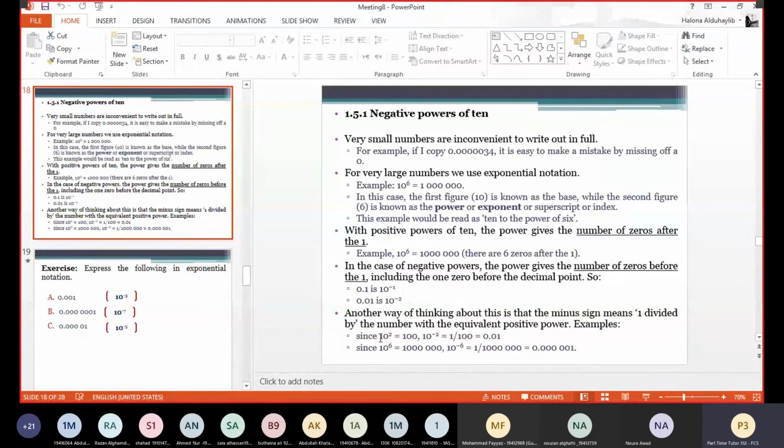So 10 power 2 is equal to 100. 10 power minus 2 is actually 1 divided by 100, which is 1 out of 100. 10 power 6, positive exponential, equals 1 million. 10 power minus 6 is actually 1 divided by 1 million, which is 1 out of 1 million.